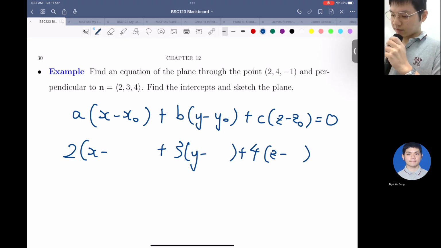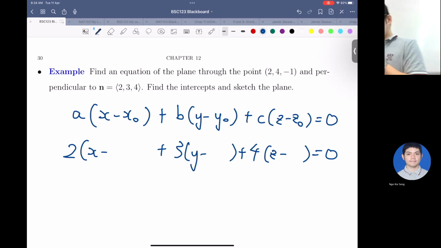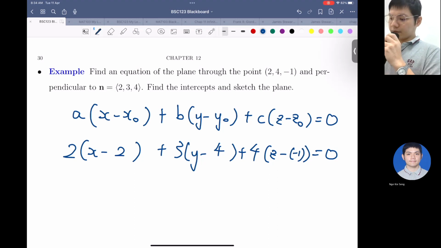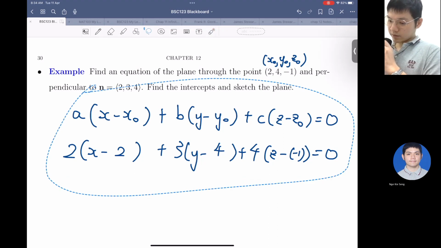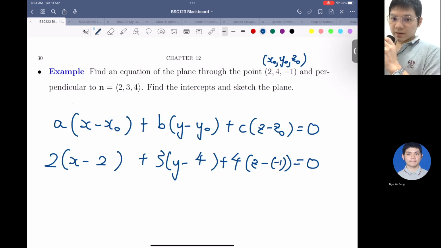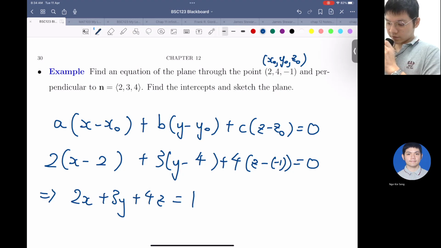What are x naught, y naught, z naught? 2, 4, and -1, the point on the plane. A, B, C is the normal vector. So what do you get in the end? You get 2x plus 3y plus 4z equals 12.